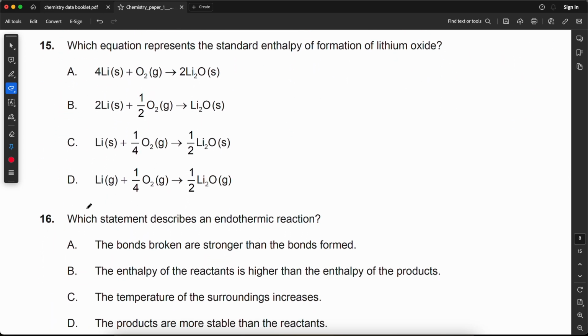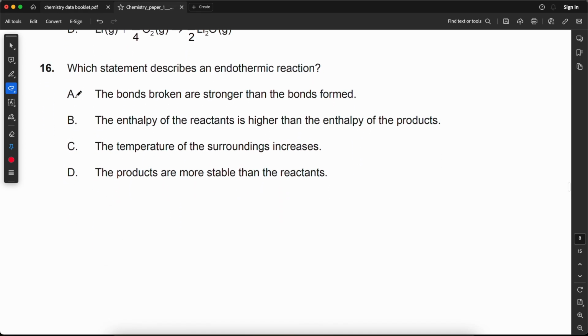Which equation represents the standard enthalpy of formation of lithium oxide? The reactant must be in their standard state. So it's B. Which statement describes an endothermic reaction? Okay, the answer is A, because bonds broken needs energy, and when energy is absorbed or needed, it's endothermic.